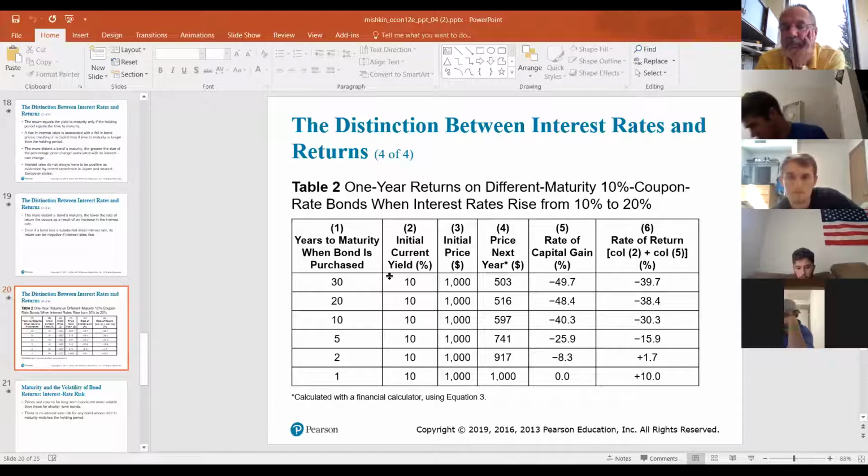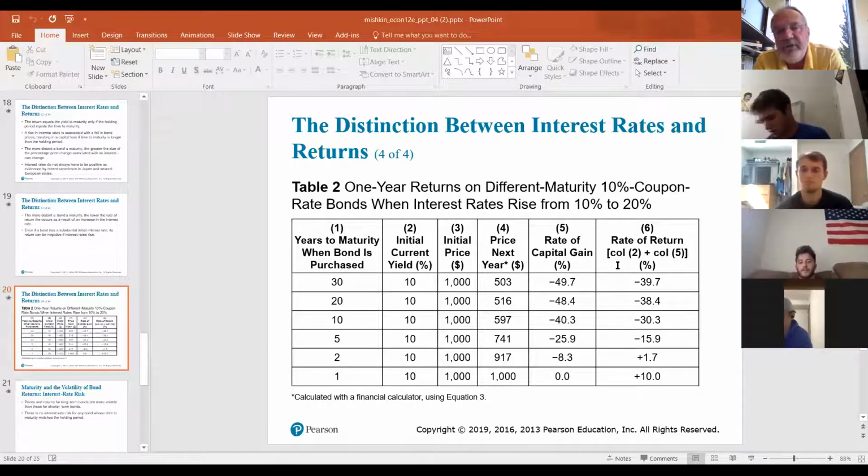This is why if you're interested in being a trader, the long-term bonds, what they call big boys, is where the traders will go to make money because of this. Usually they're not going to trade short-term instruments, although they do. They're going to trade long-term instruments because the volatility here is huge. That's where they can make or lose a lot of money.